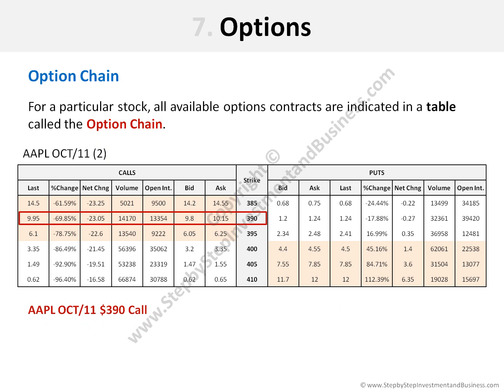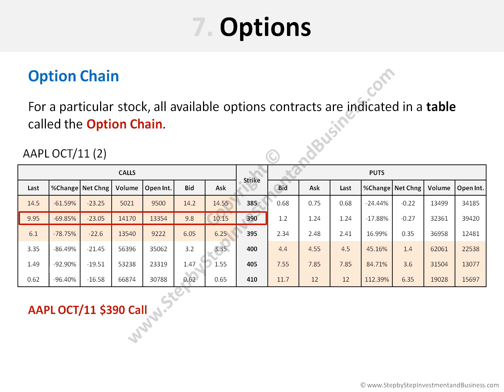Here a particular contract was selected. Notice that the table has a central column which shows the exercise prices or strike prices of the different contracts. On the left of this column, we can see calls, and on the right we can see puts.